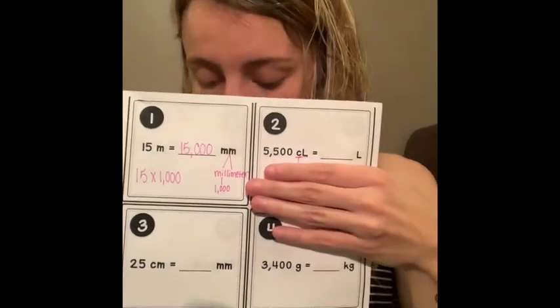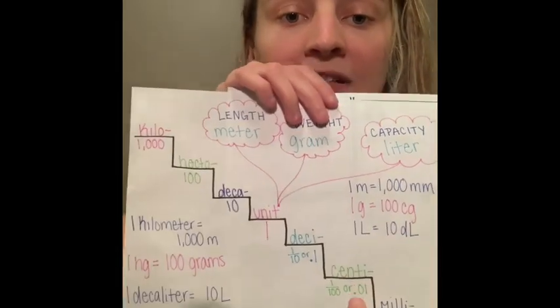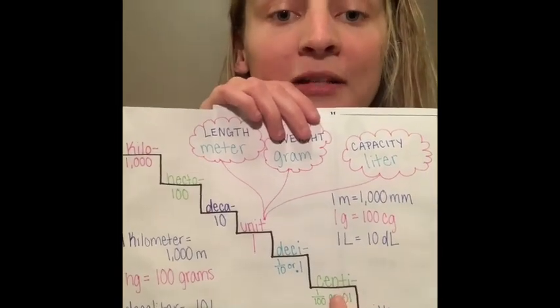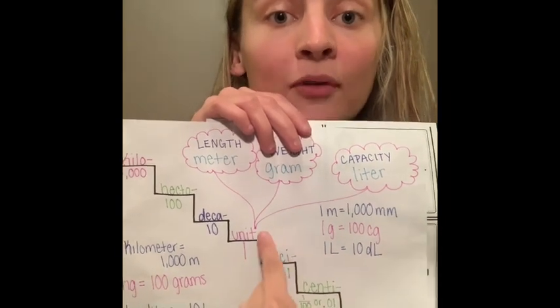So now let's look at number 2. So number 2 is a little different because we go from CL, which is centiliter, to liter. If we look at our lovely staircase, we notice that centiliter is down here and liter is a base unit. So to get there, we have to climb up, right?